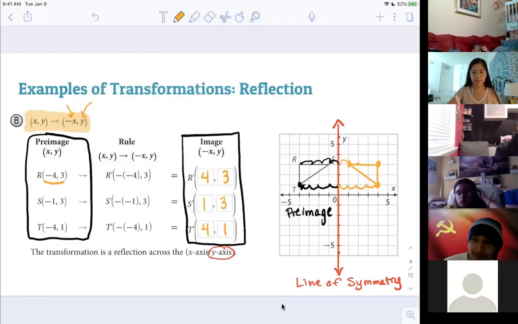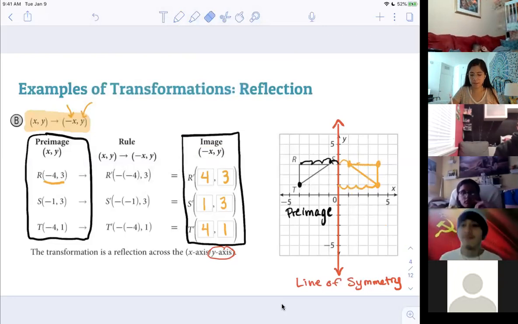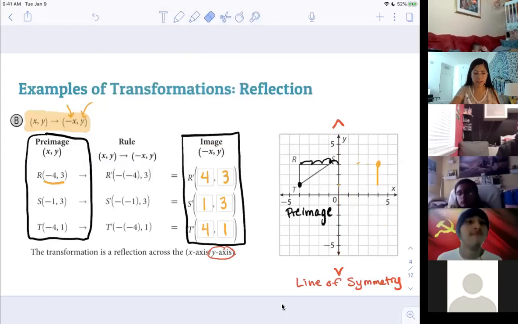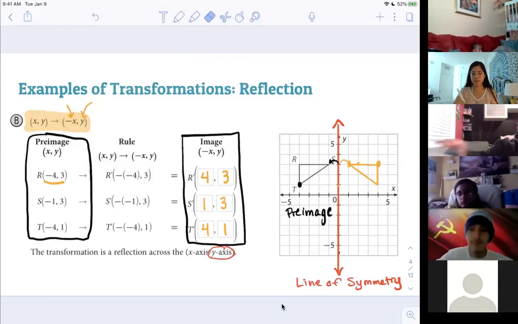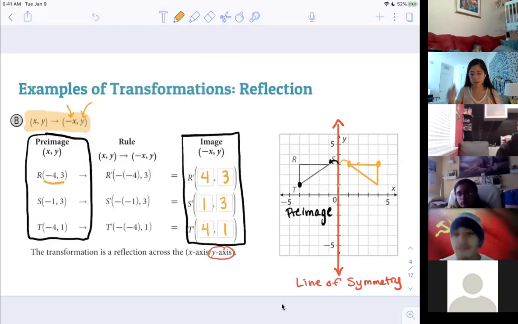Can I get thumbs up or thumbs down? Good. See a lot of thumbs up. That's good. Don't overcomplicate it, guys. It really is as simple as what you see in front of you. So don't get too caught up in all of the ways that it's being explained. Just look at the picture and see the patterns in the picture.